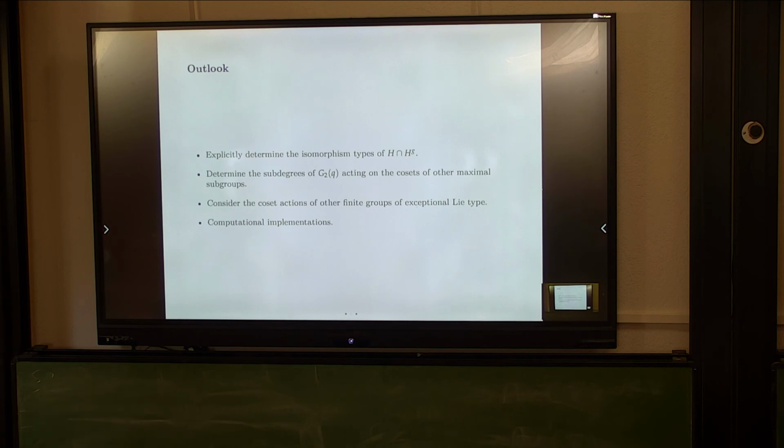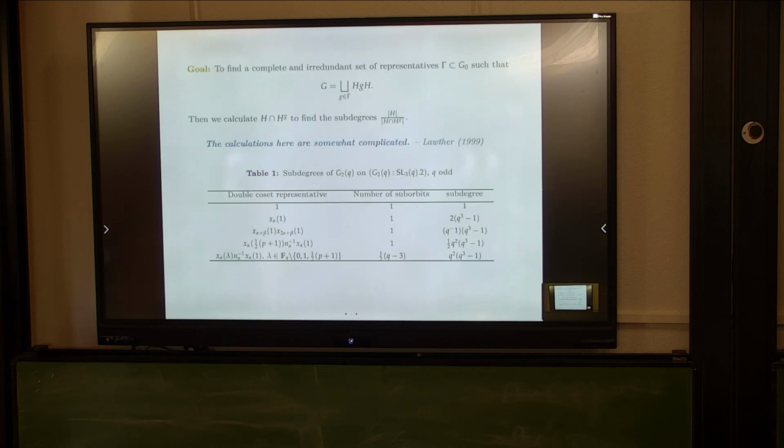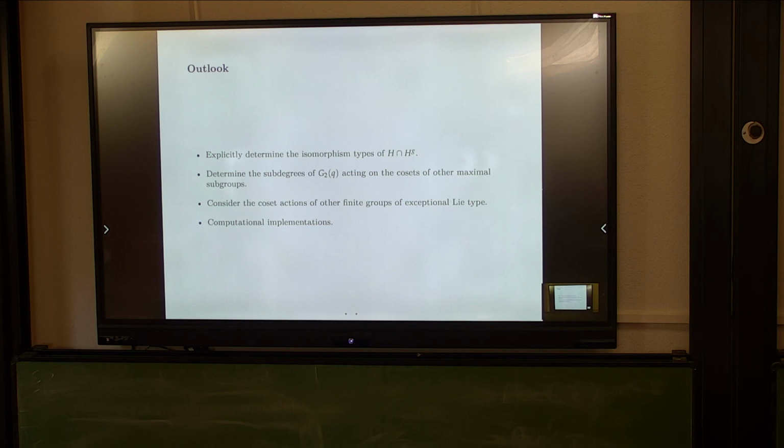So along the way, I found there are much fewer conjugacy classes of these intersections, and even amongst those half of q minus 3 subdegrees, suborbits, whatever, I see two different isomorphism types appear. So there is this extension problem that can be interesting to solve.